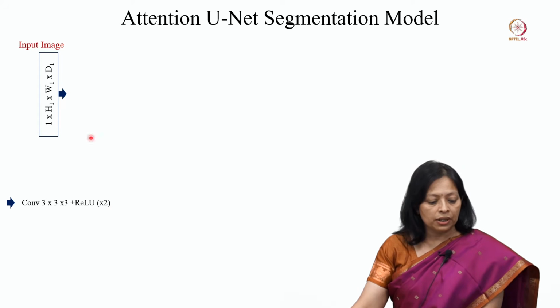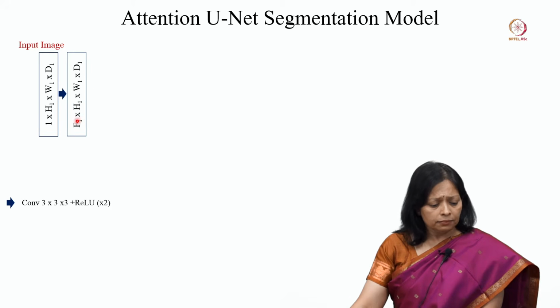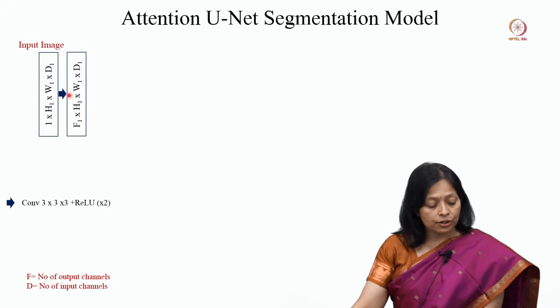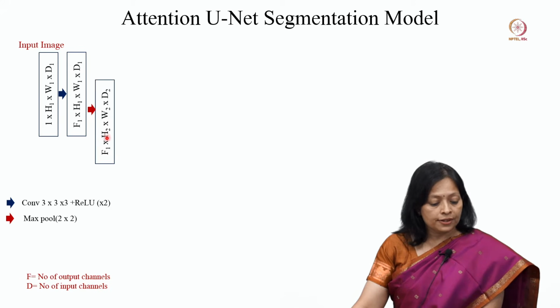So there are 2 layers of convolution, after which there is no change in the spatial dimensions h1, w1 and d1, and f1 is the output number of channels. After these 2 layers of 3 cross 3 convolution, there is a max pooling layer which reduces the spatial dimensions to h2, w2 and d2. As we can see, there is a reduction.